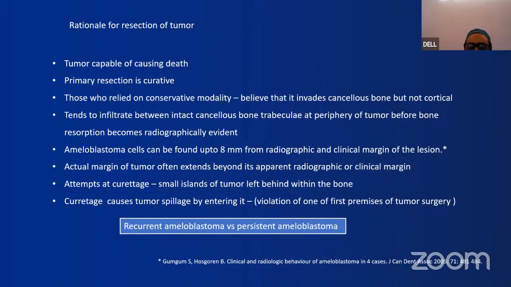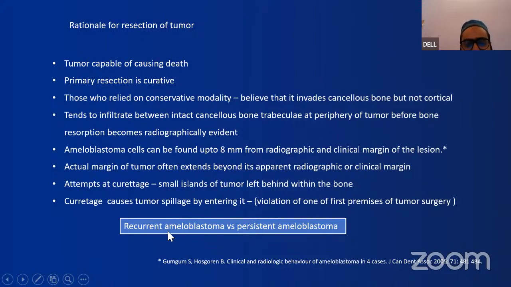So even if we enucleate or curette the lesion, the ameloblastoma cells will remain in the cavity, and with a short follow-up of say 4 to 5 years, it will not be justified to call it a cure if curettage is done, because the cells remaining there can lead to persistence of the ameloblastoma.